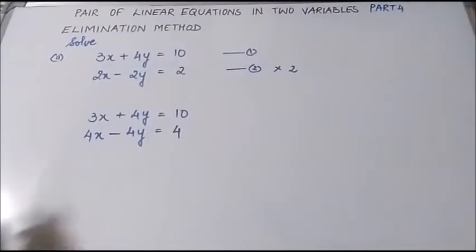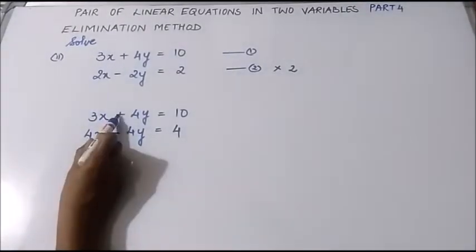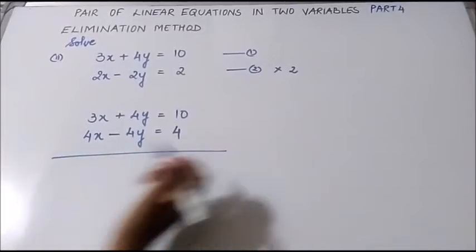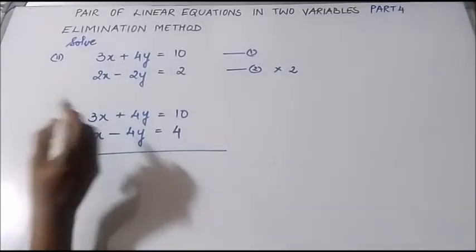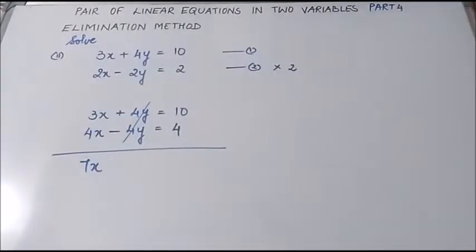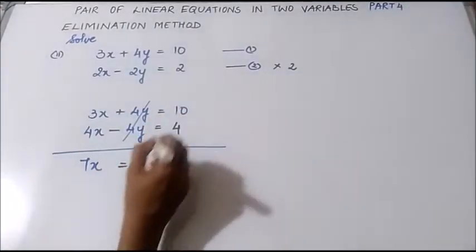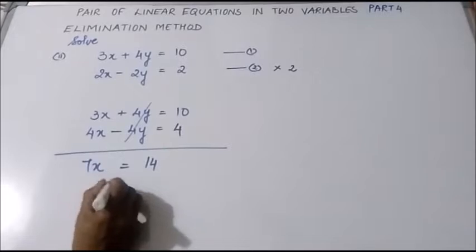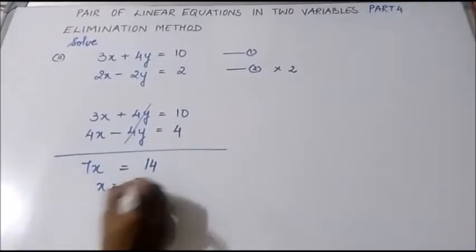Now should we add or subtract these equations? We see here it is plus and minus, so we will add. When I add, 4 plus 3 will give us 7x. Here y gets eliminated. 10 plus 4 is 14. x equal to 14 by 7, that is equal to 2.